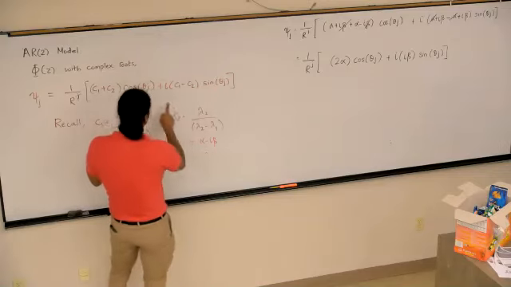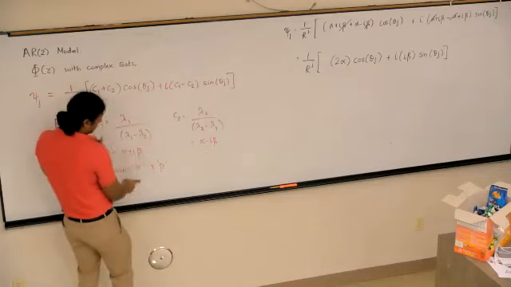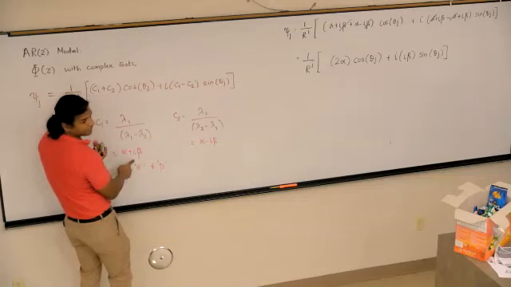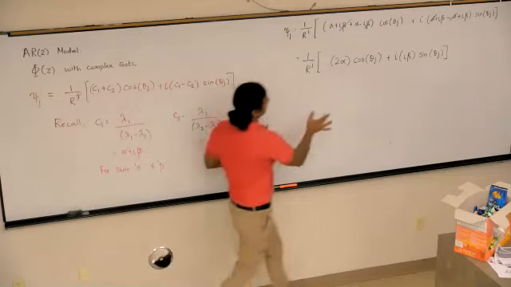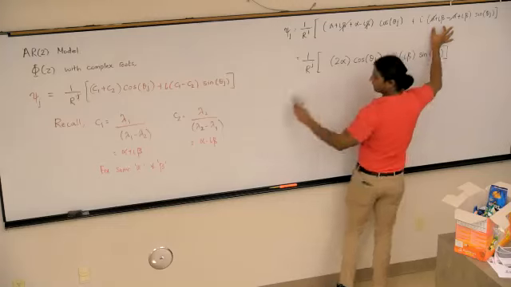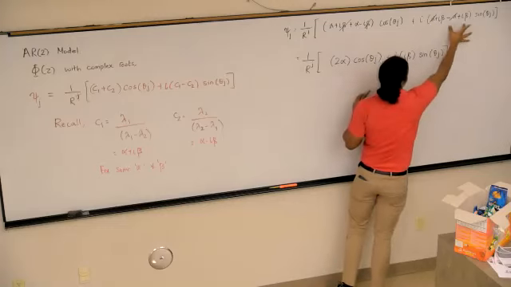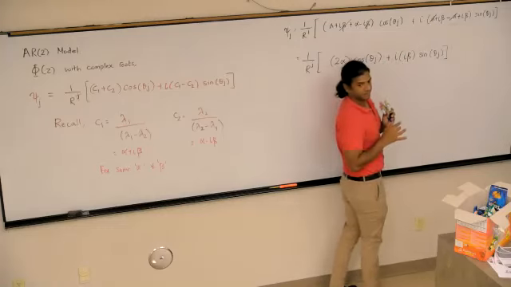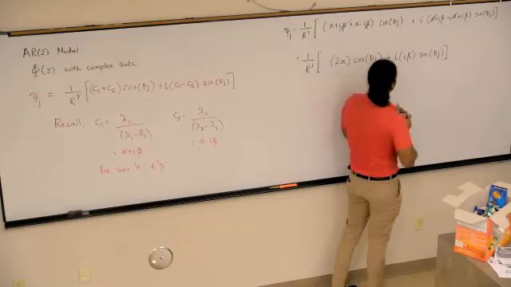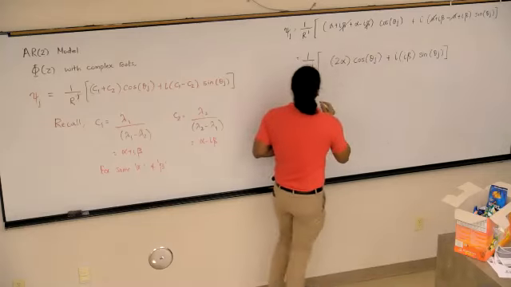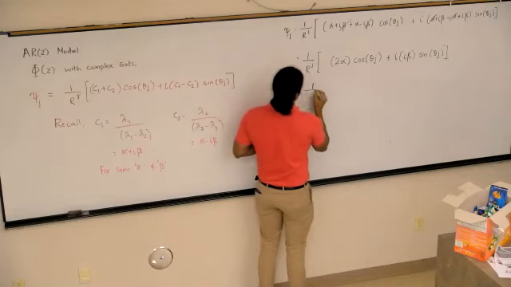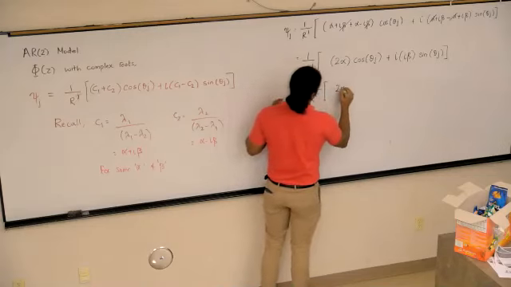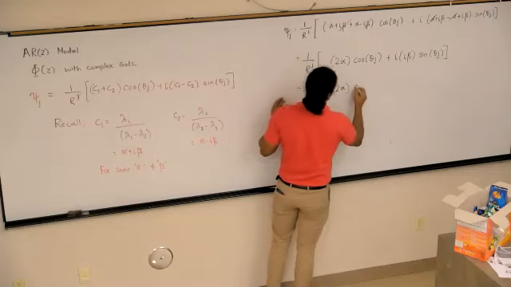The first term is just C1, it's alpha plus i beta. After distributing the negative, I get negative alpha plus i beta. Wait, so that wouldn't be zero?